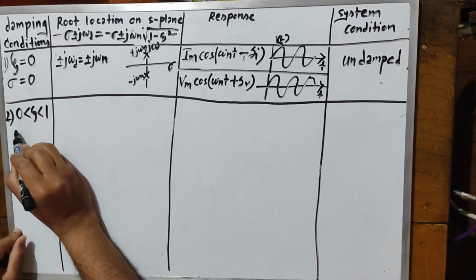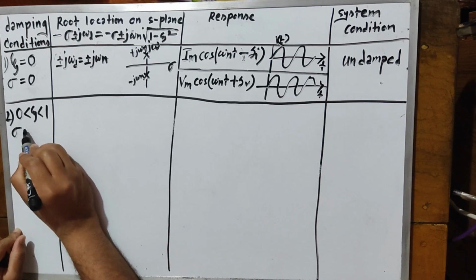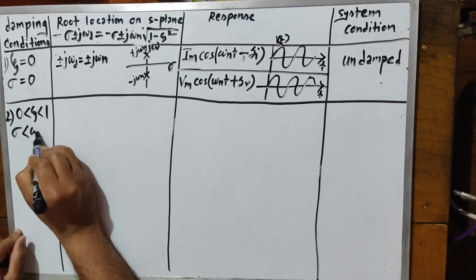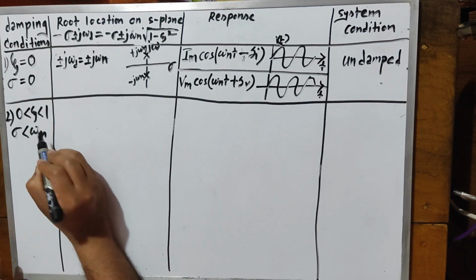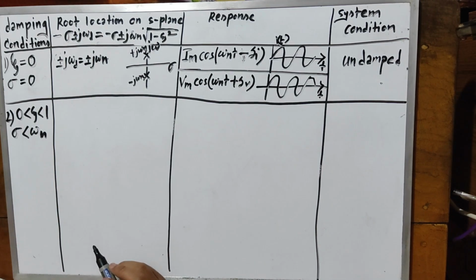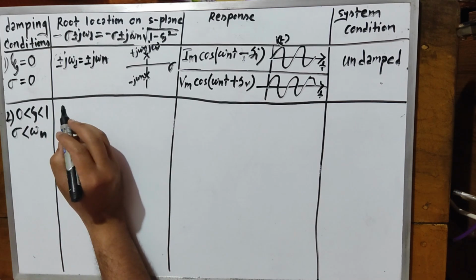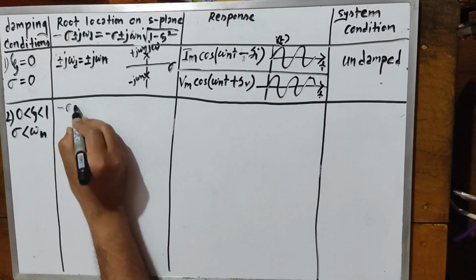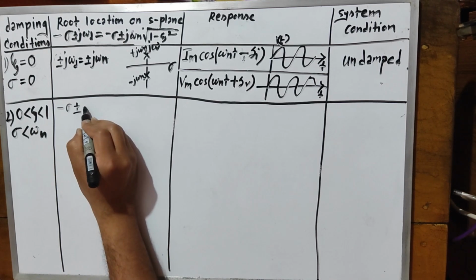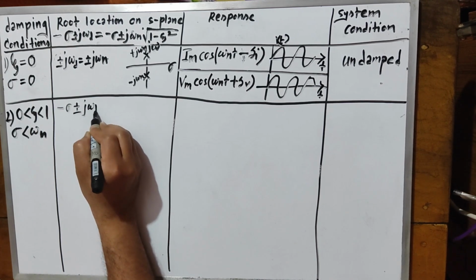Then the Napier frequency exists, but it is less than the natural frequency, for which the roots will be minus sigma plus minus j omega d.